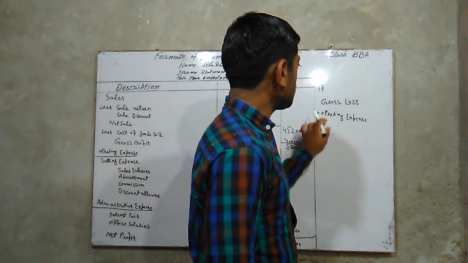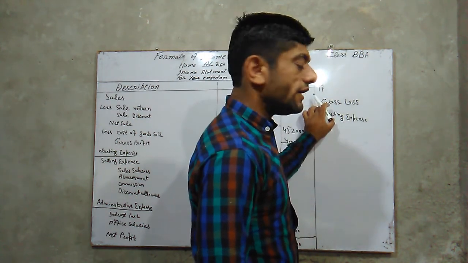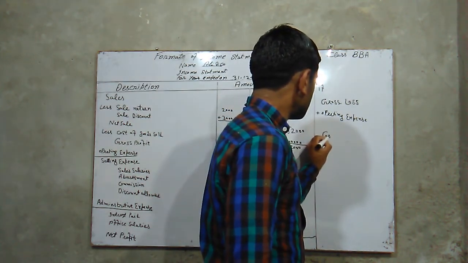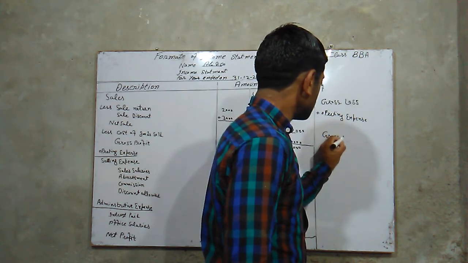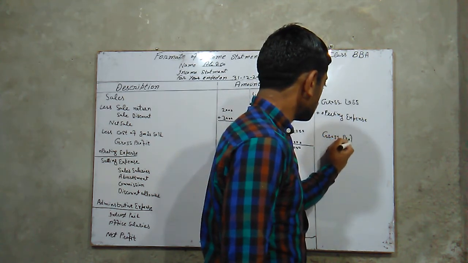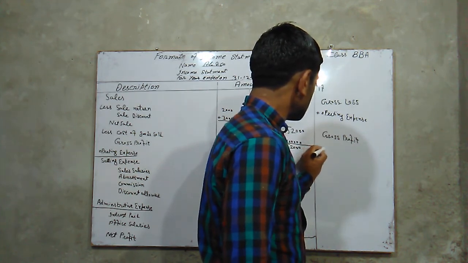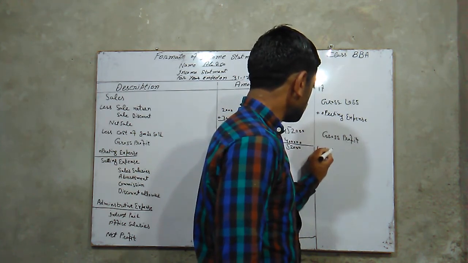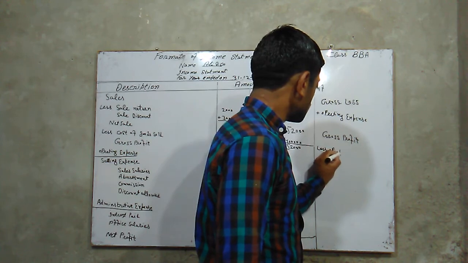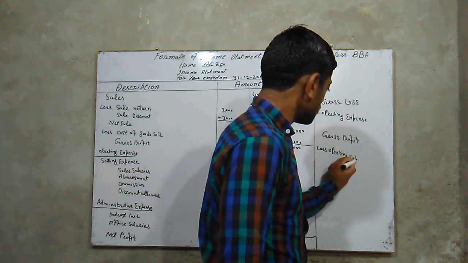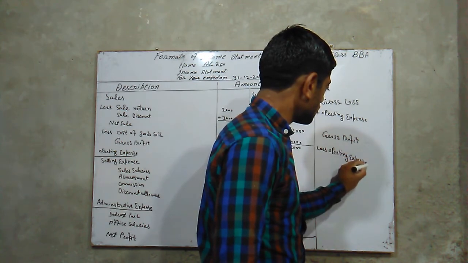If gross loss, then operating expense is added to gross loss, and if gross profit, then less operating expense.